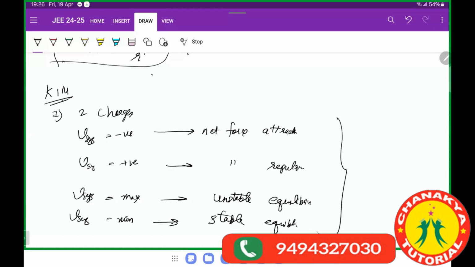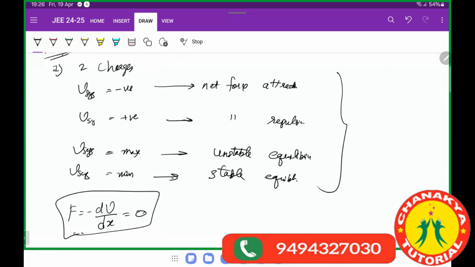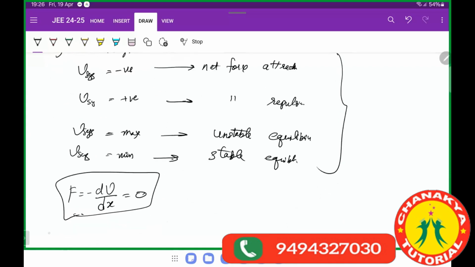So as I wrote for net force here, we can write maximum value, minimum value. If you remember, whenever we have a maximum, we differentiate and equate it to 0. Equals 0 for maximum.